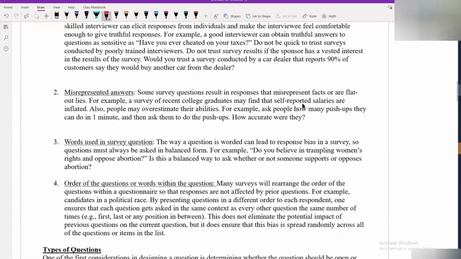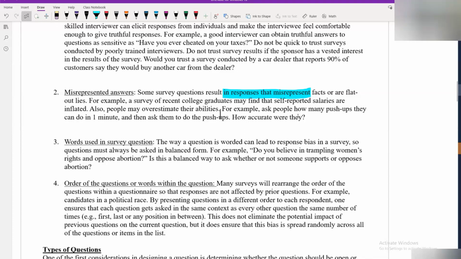Misrepresented answers. Next one, number 2. Some survey questions result in responses that misrepresent facts or are flat out lies. For example, a survey of recent college graduates may find that self-reported salaries are inflated. Also, people may overestimate their abilities.